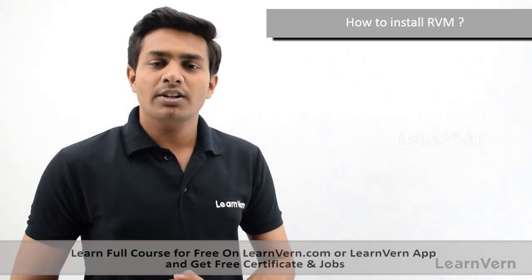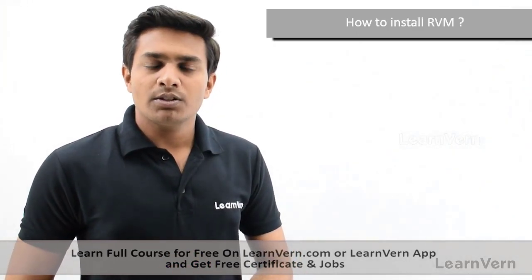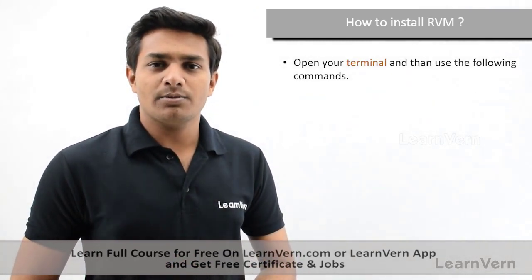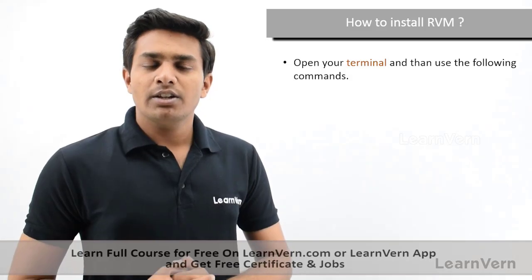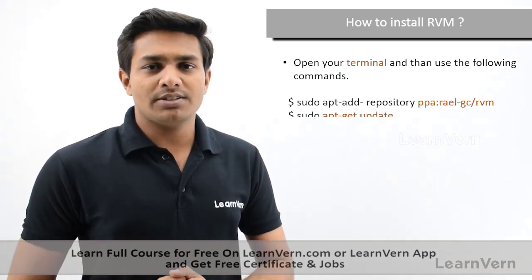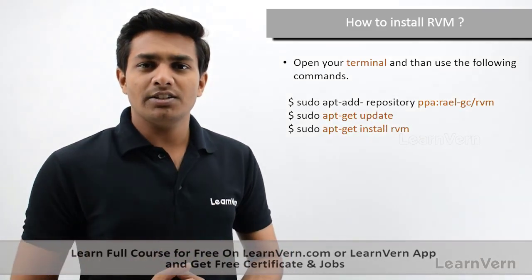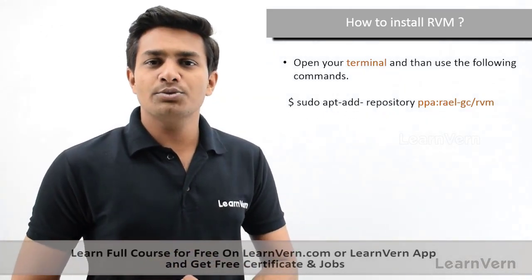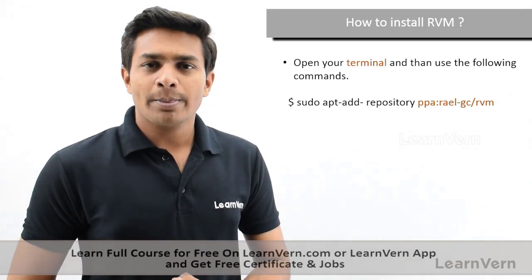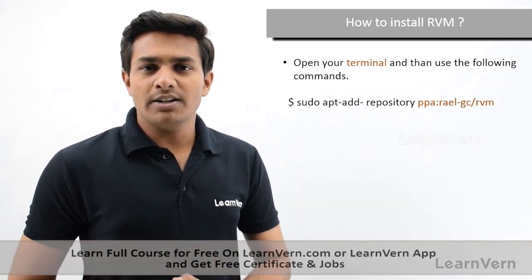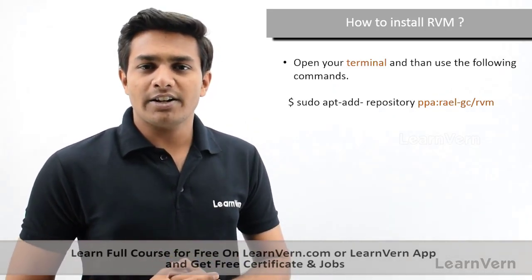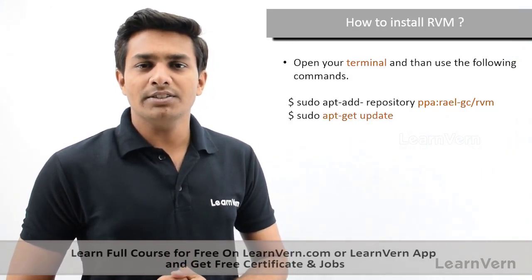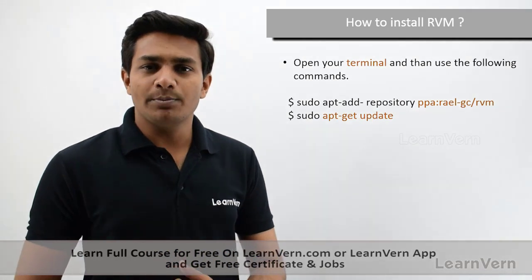How to install RVM? For installing Ruby Version Manager on our local system or local device, we need to perform 3 steps. You can see on the screen that the first step will add a PPA file to your local device. After adding the PPA file, we need to run the second command, which is used for updating the system, that is sudo apt-get update.